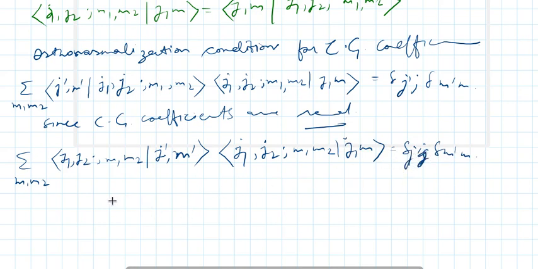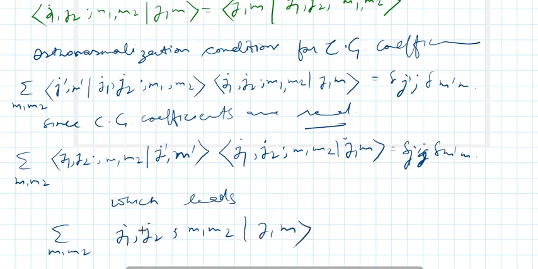Which leads to the following: summation over m1, m2 of <j1, j2, m1, m2|j, m> squared. This is a very important equation which we have to keep in mind. This is equal to 1.